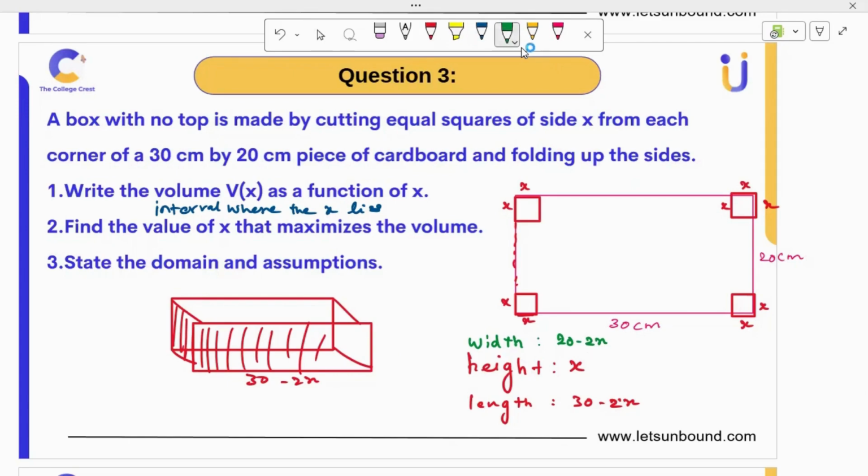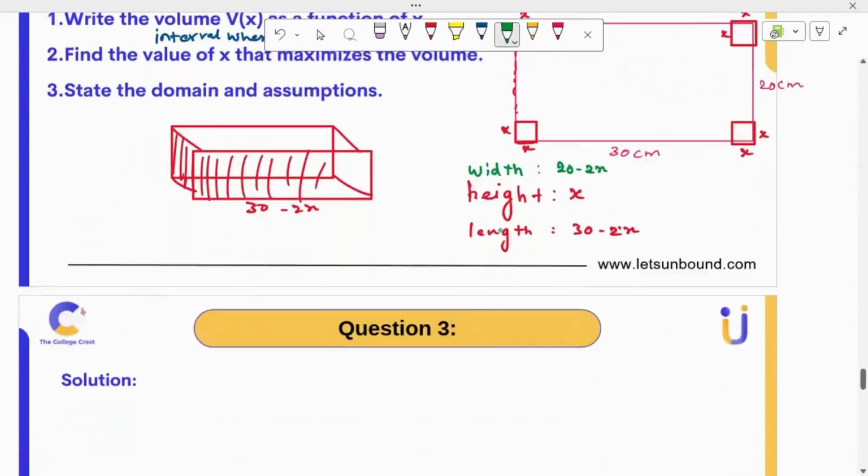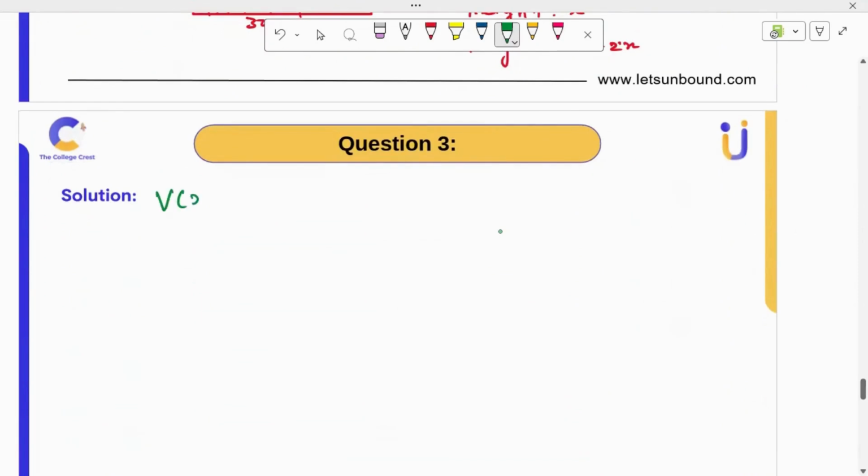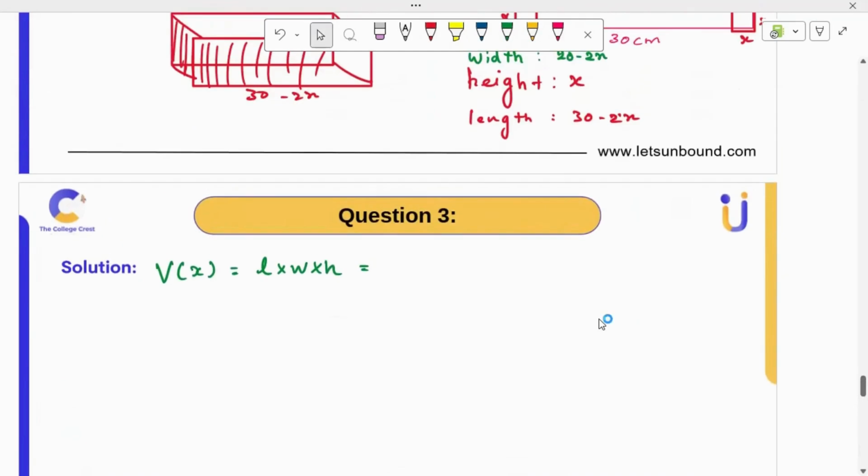Now, the first question is, write the volume as a function of x. V of x is length times width times height. We have everything. Our length is 30 minus 2x, our width is 20 minus 2x, our height is x. Factored form is okay, or you can convert to standard form. You can simplify the factored form actually.